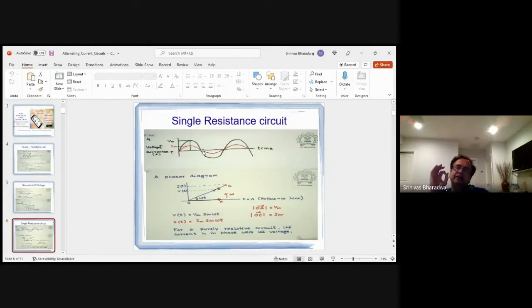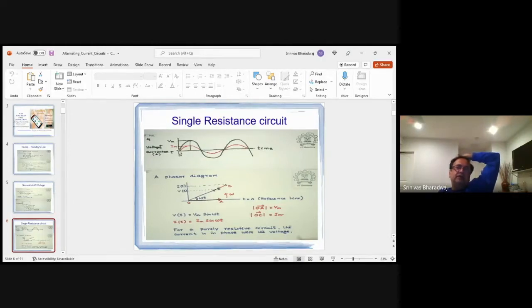But for the capacitor, for instance, 1 by C integral I dt is the voltage, or C dV by dt is the current. L dI by dt is V for an inductor. For a capacitor, C dV by dt is I. So when you have that kind of differentiation, the phase is set to change.